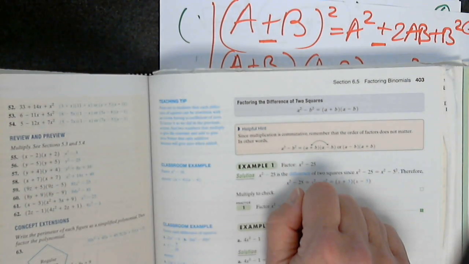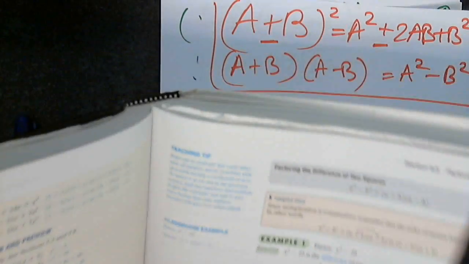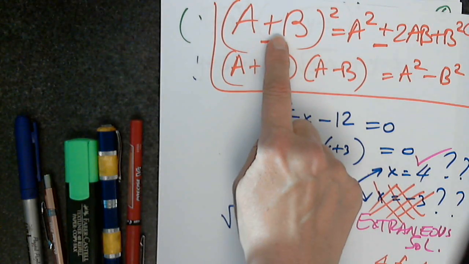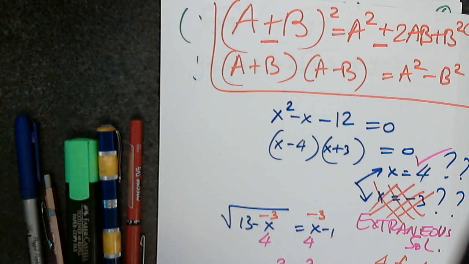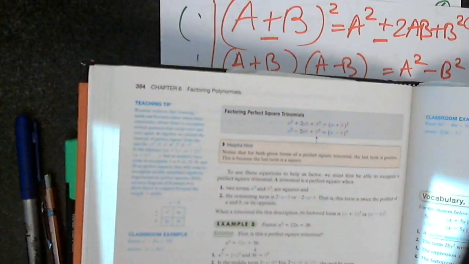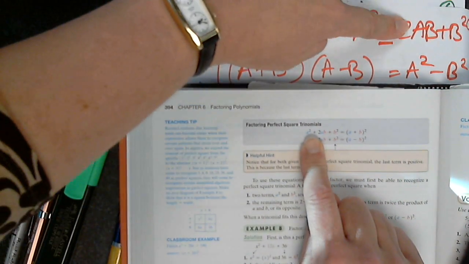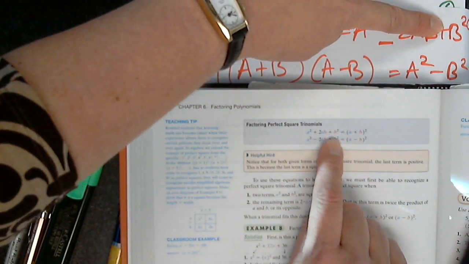The formula you were asking about, the perfect square trinomial, was the other one. I thought you were asking about this. I was asking about what you showed us before. Okay, let me go back. A plus b squared equals a squared plus 2ab plus b squared.